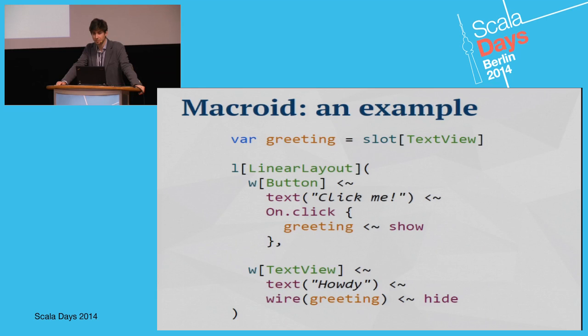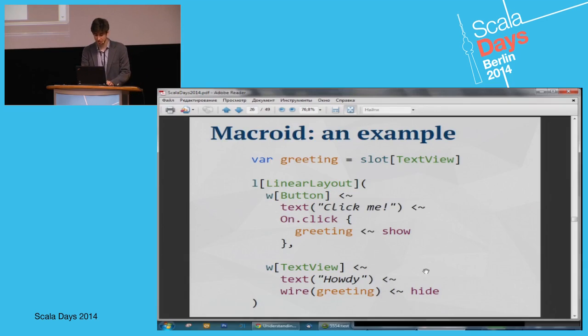Do you also support other FRP libraries than Scala.Rx, or is it tied to this one? So the thing is that the definitions for Scala.Rx and Scala.FRP were in the Macroid library, and now I'm actually pulling them out of it. So there will be a new library called Macroid-FRP, and it will have support for several of them.